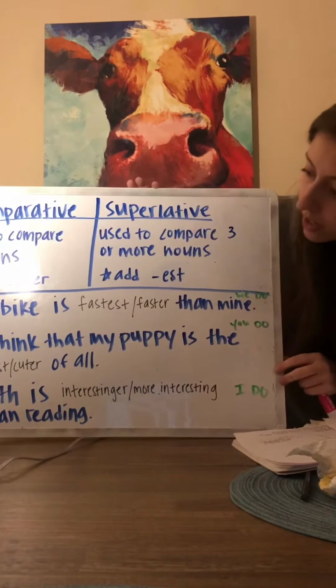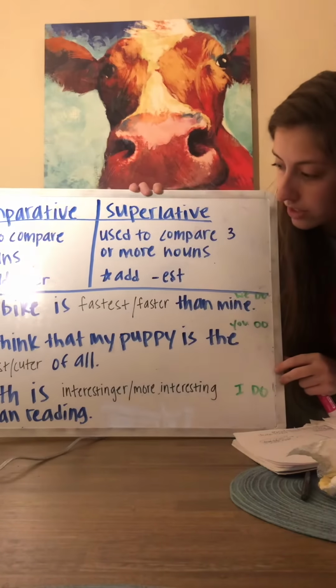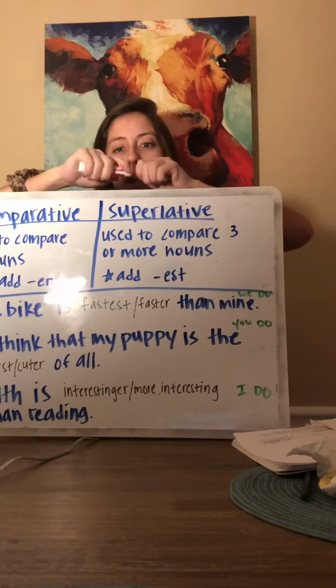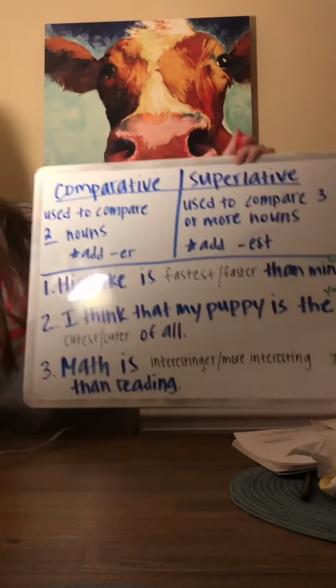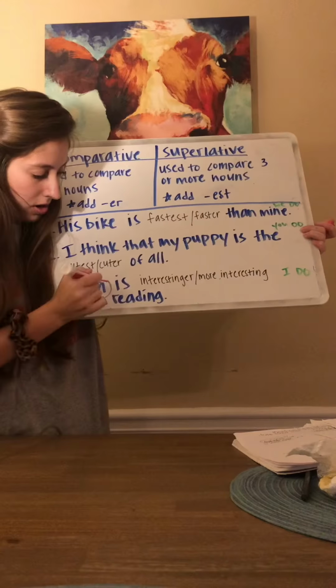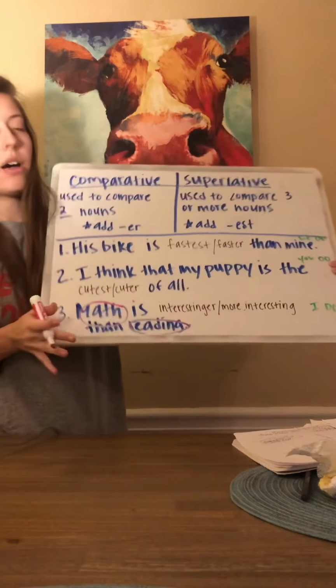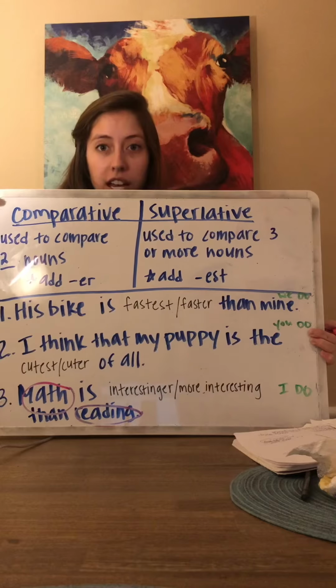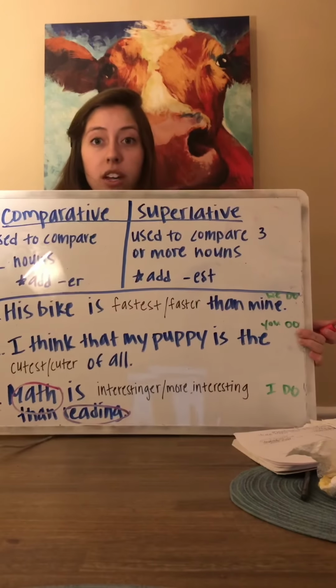I'm comparing math to another subject, so I'm gonna circle the things that I'm comparing. Math is being compared, this board is really awkward, to reading. Now I'm comparing just 2 things. So that means that I'm gonna use a comparative adjective, so I'm gonna use ER.